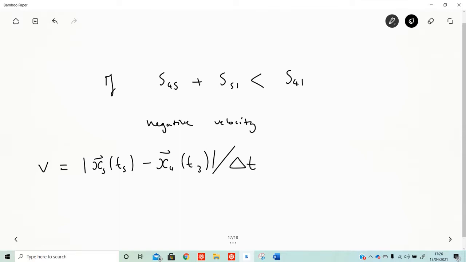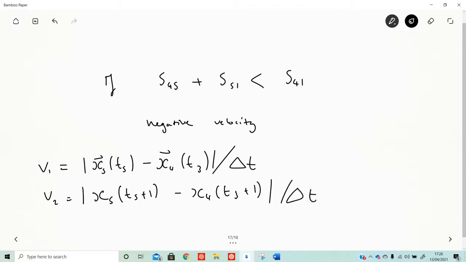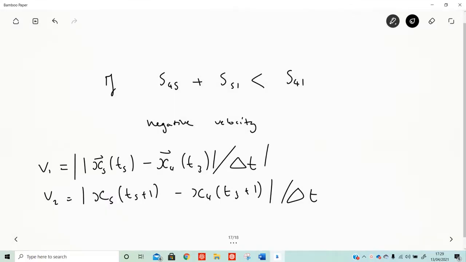Let's call that v1, but then we also have v2, which will be the moment after it, the light that passes just the moment after it, still in the inertial frame, and that will be x5(t5+1) minus x4(t3+1), again divided by delta t, and it would all be normed. That's to account for the negative values as a result of time reversal symmetry, or time reversal.